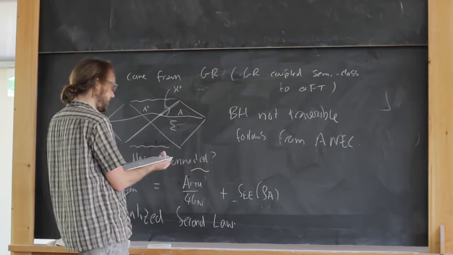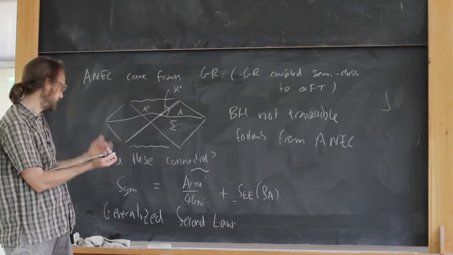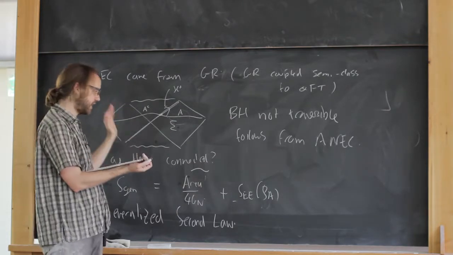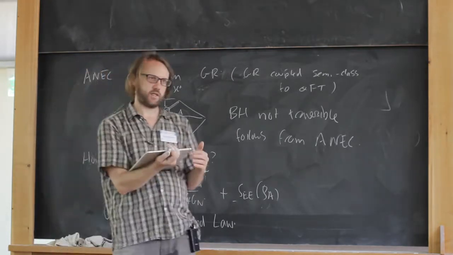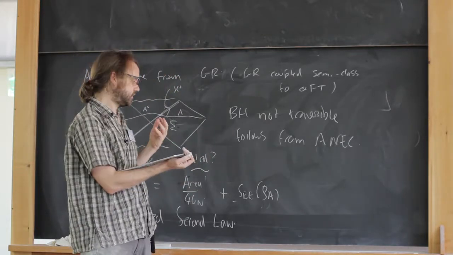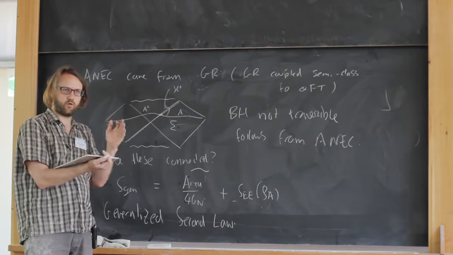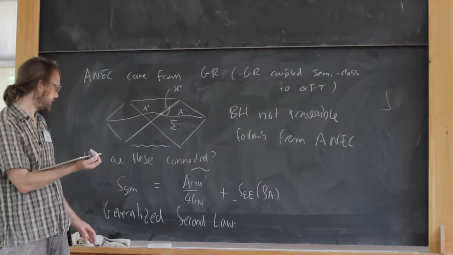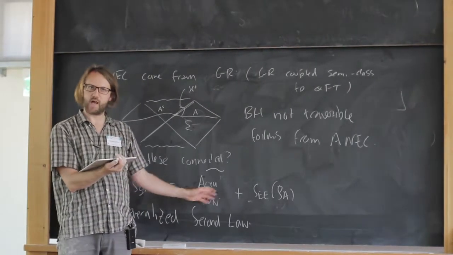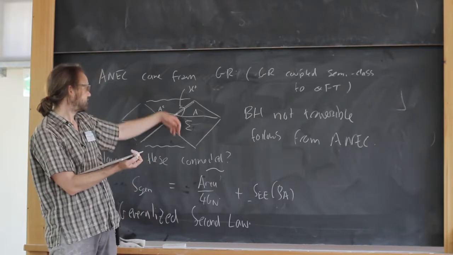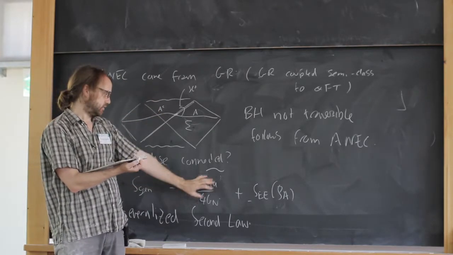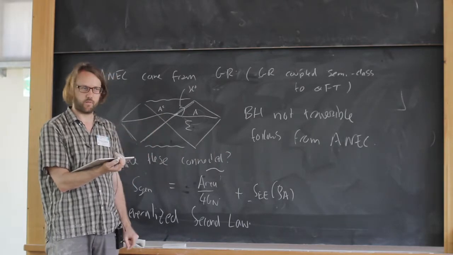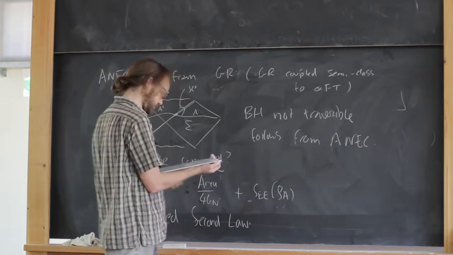But you can imagine thought experiments where you take some matter and throw it into the black hole, and there's some entropy associated to that matter, and it's gone. As soon as you throw it in, somehow it's missing, and so you seemingly violate the usual second law of thermodynamics. The idea is you can fix this by adding these two together. Whenever you throw matter into the black hole, you lose the matter, but the area of the black hole increases because you've added some energy to it. This is the idea of the generalized second law.